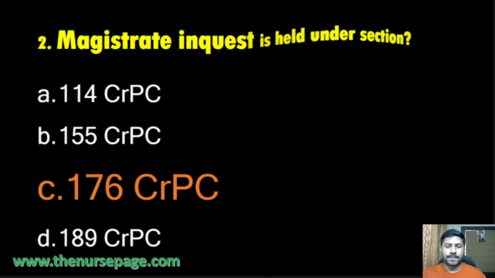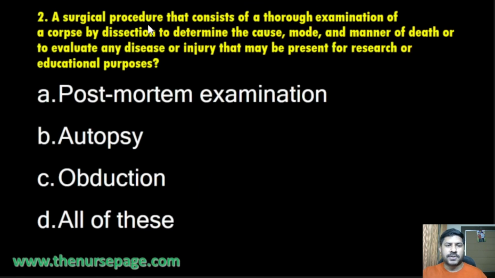Next question. A surgical procedure that consists of a thorough examination of a corpse by dissection to determine the cause, mode and manner of death or to evaluate any disease or injury that may be present for research or educational purposes.